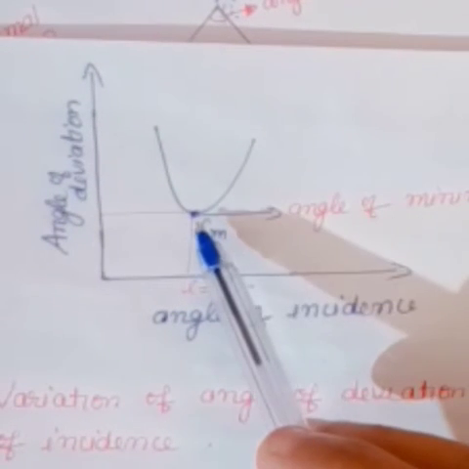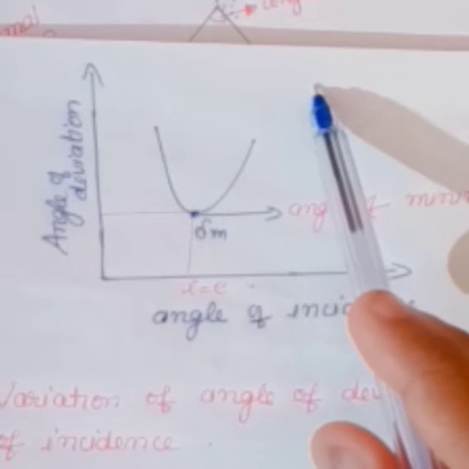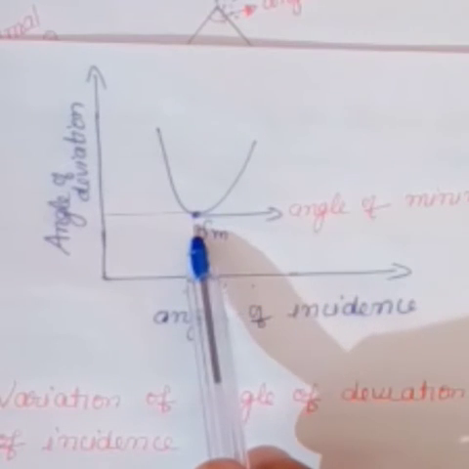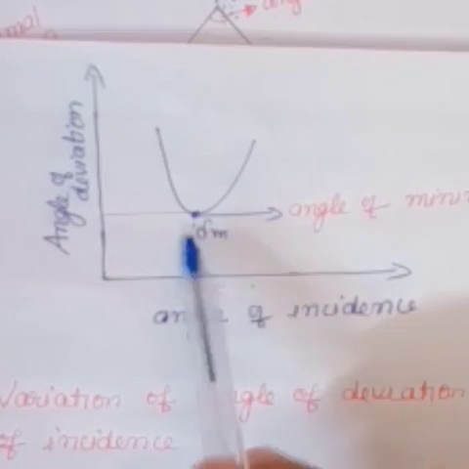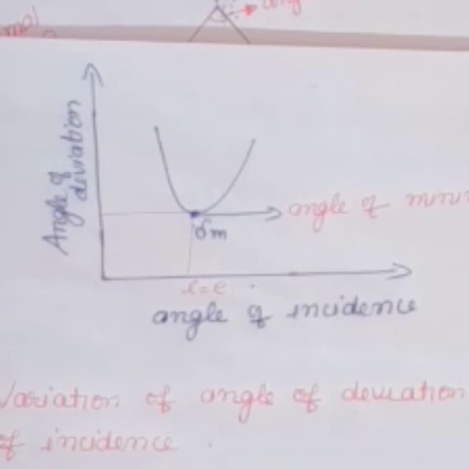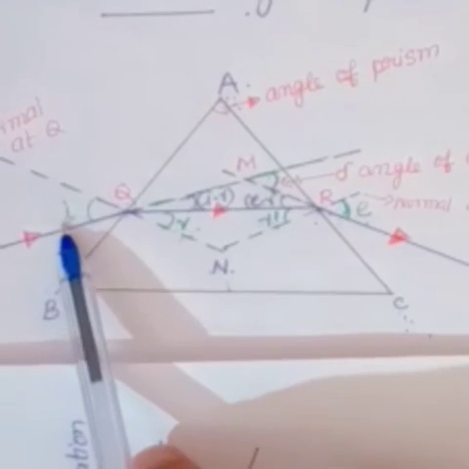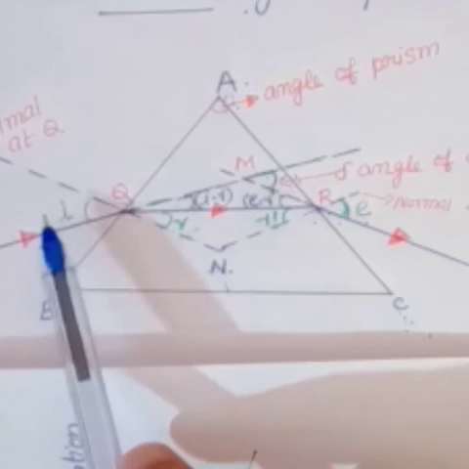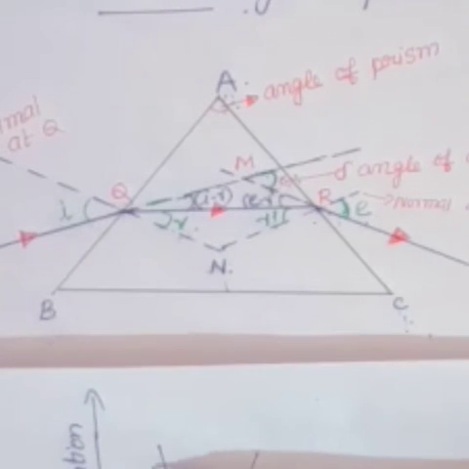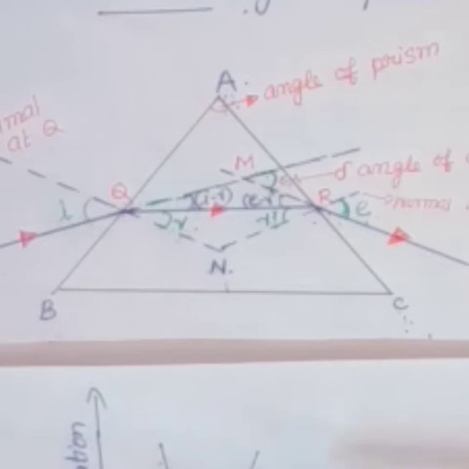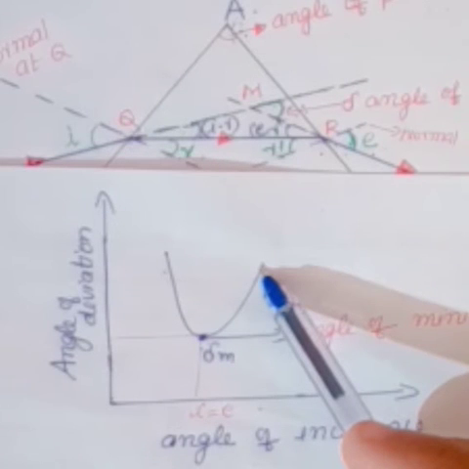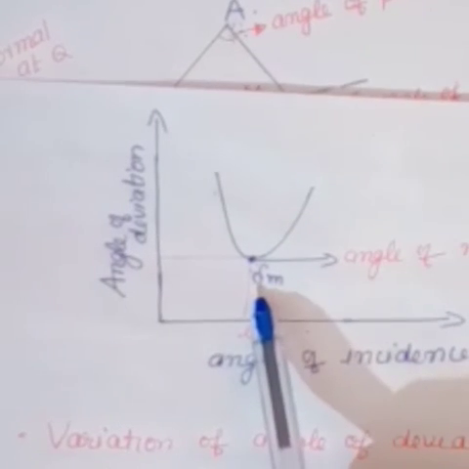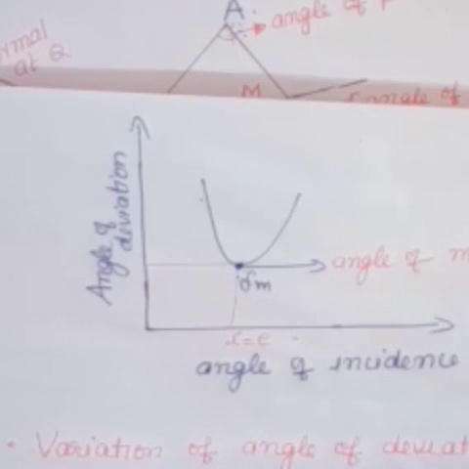Then the angle of deviation increases. This minimum value we call the angle of minimum deviation. Once more, for a given prism and a given color of light, the angle of deviation delta depends only on I. If I increases, the angular deviation first decreases, reaches a minimum value, and then increases.